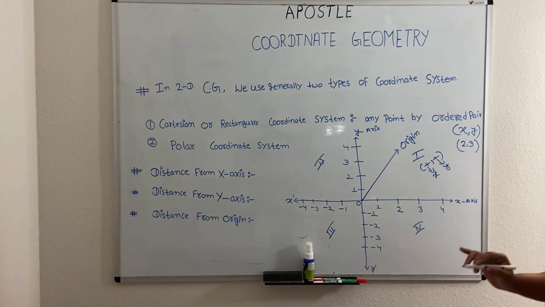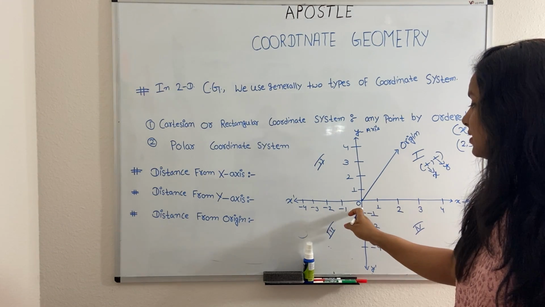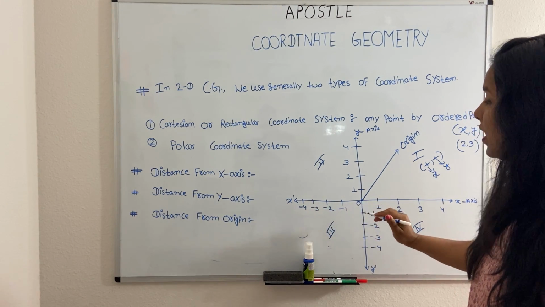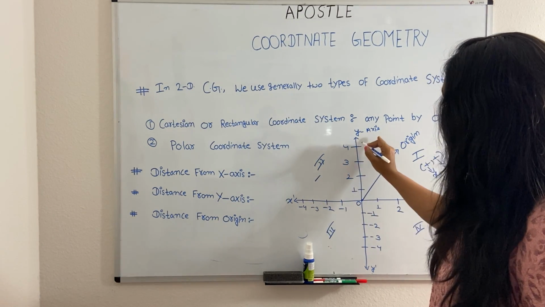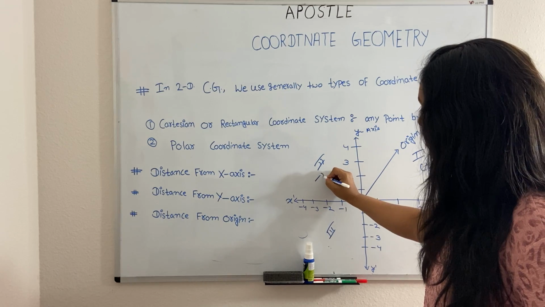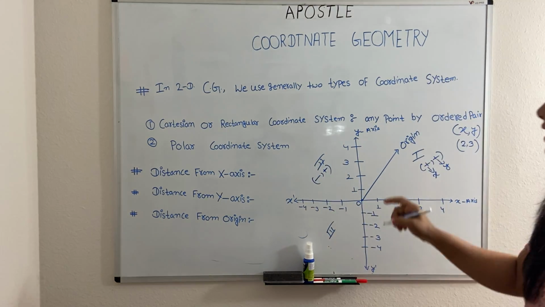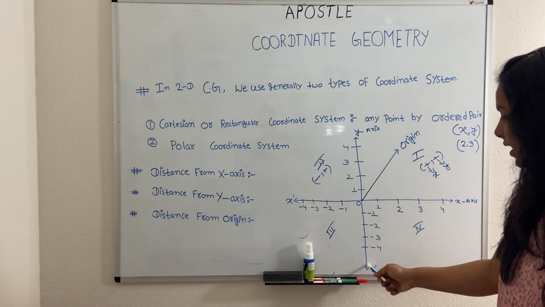Now in the second quadrant, see, the x-axis is -4, -3, -2, -1. So x is negative. And what is y? Y is positive. So in the second quadrant, the sign of any ordered pair is negative, positive. In the third quadrant, both the axes are negative.